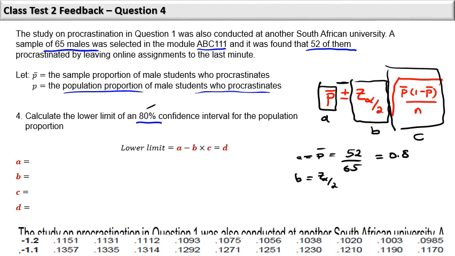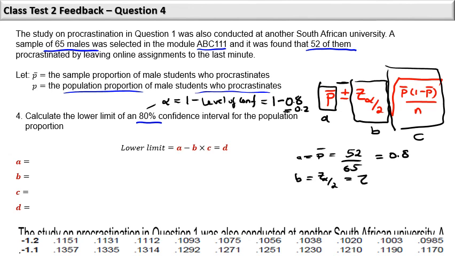Now we are told to calculate an 80% confidence interval. If we are calculating an 80% confidence interval, our alpha is 1 minus the level of confidence. So this will be 1 minus 0.8. That means it's 0.2. That's your alpha. So alpha over 2 will be 0.1.